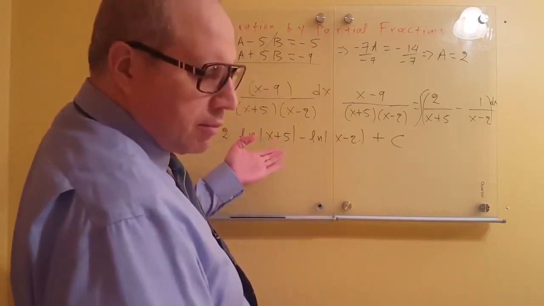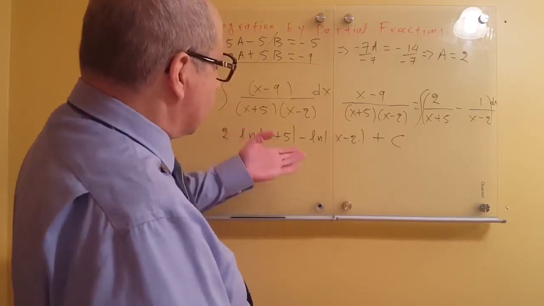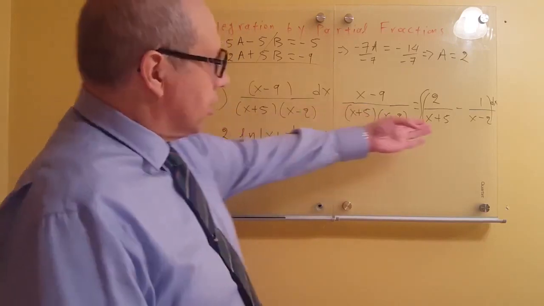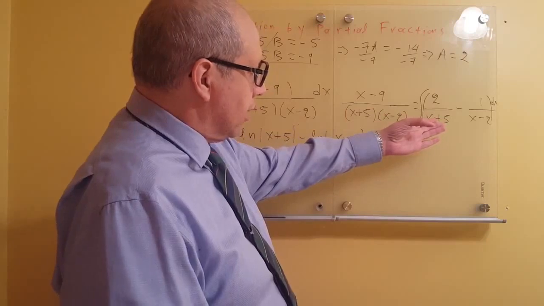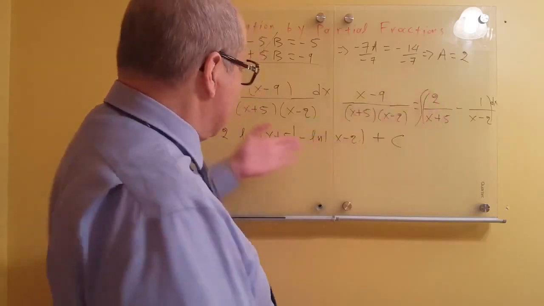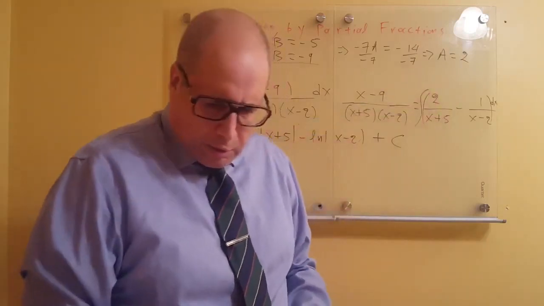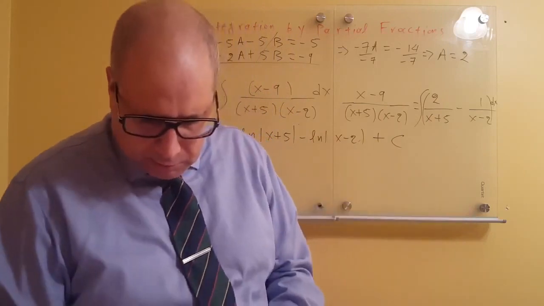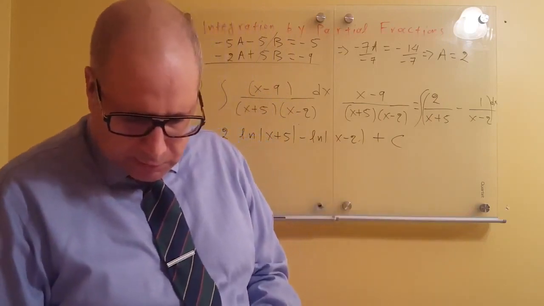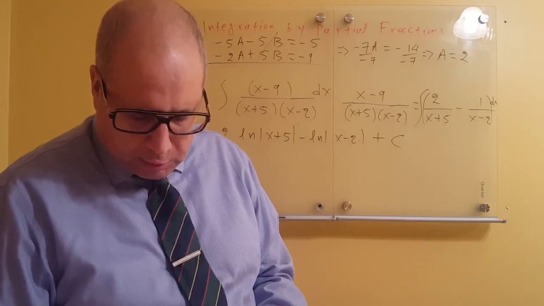This is very easy. If you don't remember it, it's pretty easy to do it just by substituting u equal to x plus 5, and you find this here. But it's pretty easy, and at this level I believe you should know it by heart.